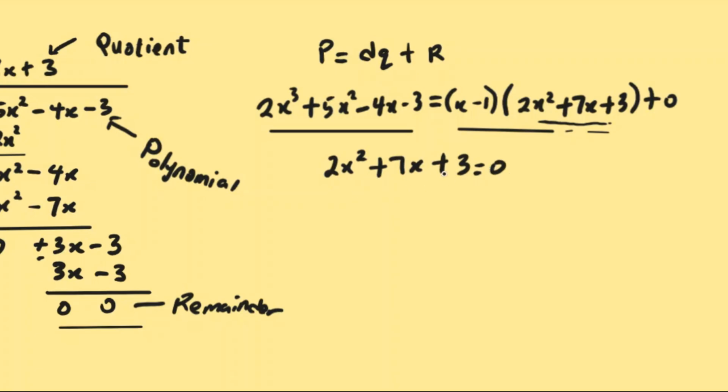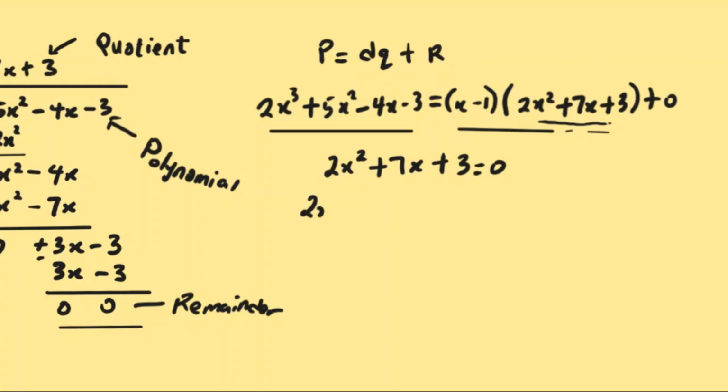The two numbers that when you multiply them together give 6, which is 2 times 3, and when you add them together give 7. Those two numbers are 1 and 6, because 1 times 6 gives you 6 and 1 plus 6 gives you 7.